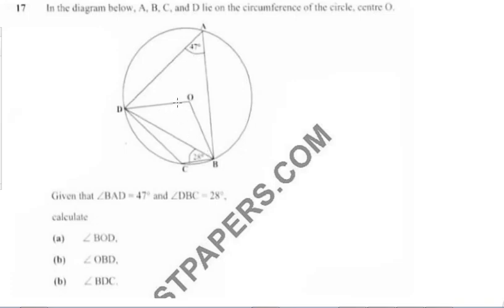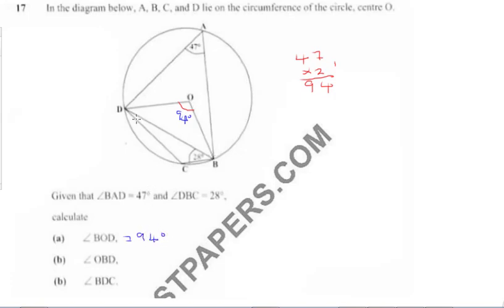So if this is 47, this is twice 47. 47 times 2 gives us 94 degrees. BOD is therefore equal to 94 degrees.